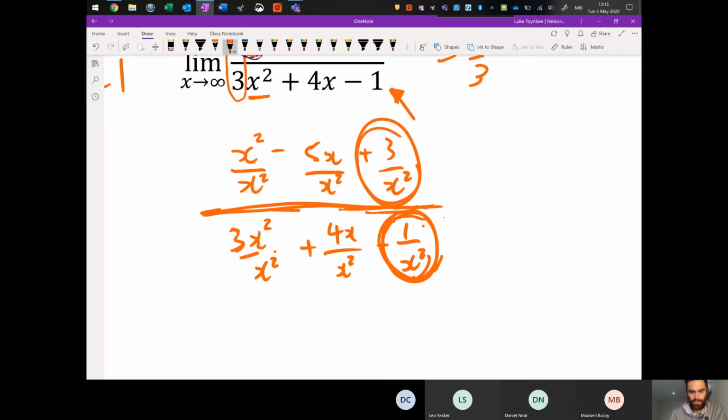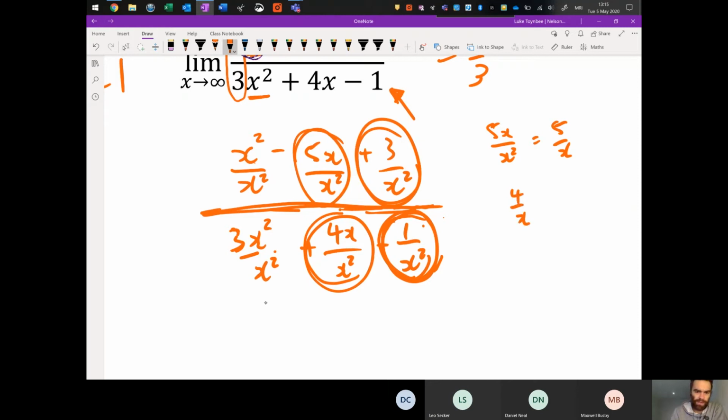That gets closer to 0. That one gets closer to 0 because that is in essence just 5 over x. That one there gets closer to 0 because that's 4 over x.